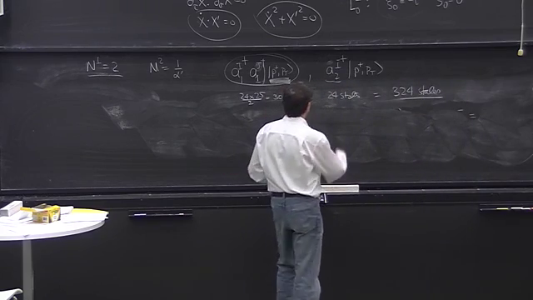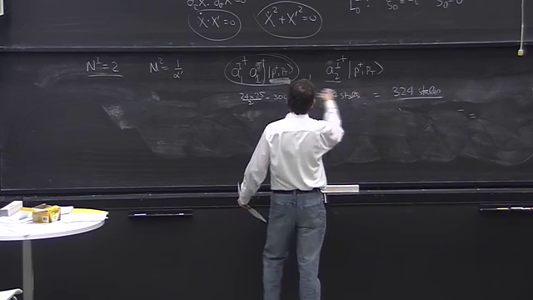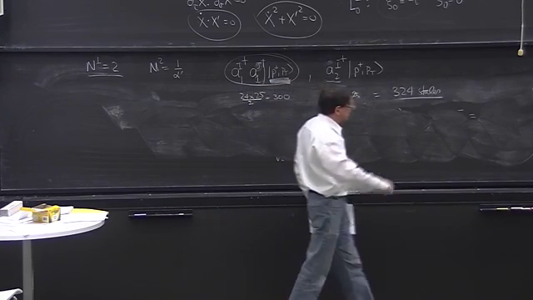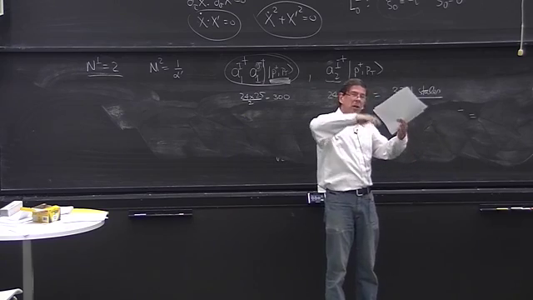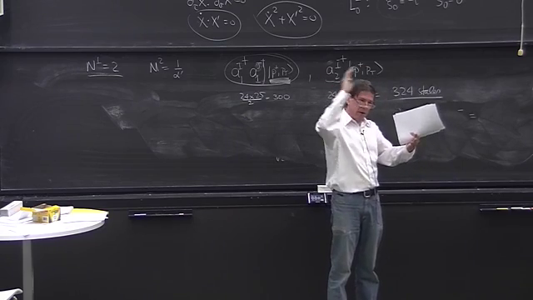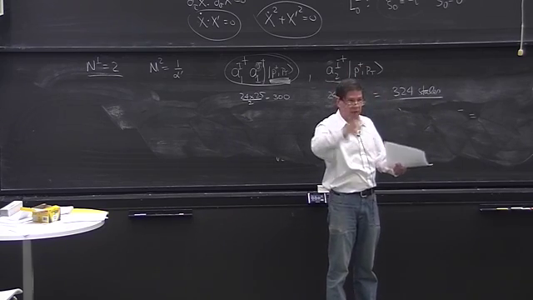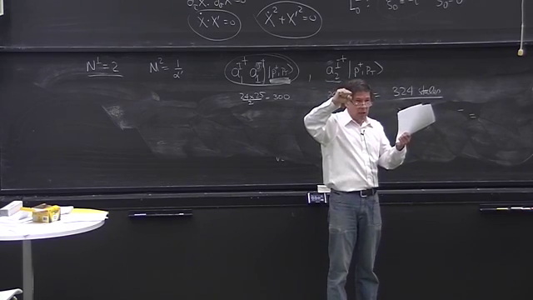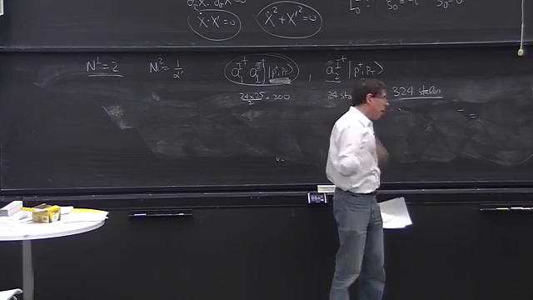So this is really computing for you the content of a single string. A single string can appear to be a photon, a tachyon, a Maxwell field, a fermion if it's a superstring. But a single string is one particle. So we are building the one particle states.